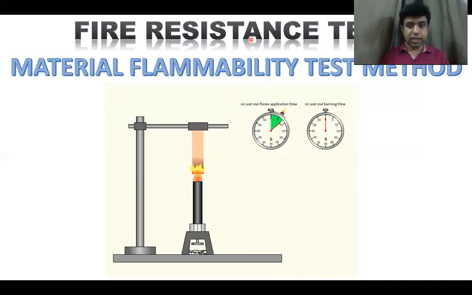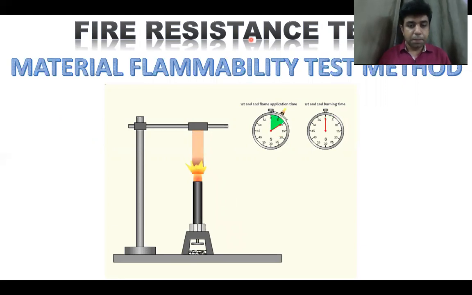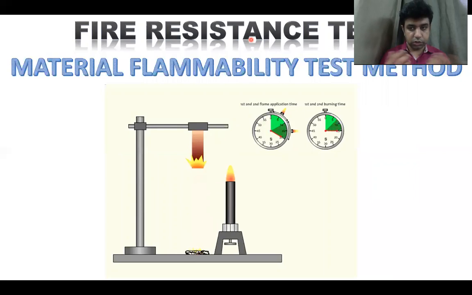Now let us understand how to evaluate the first one, that is the material flammability test. For this test, we take just a prototype or a sample of the material which we are using in a car.